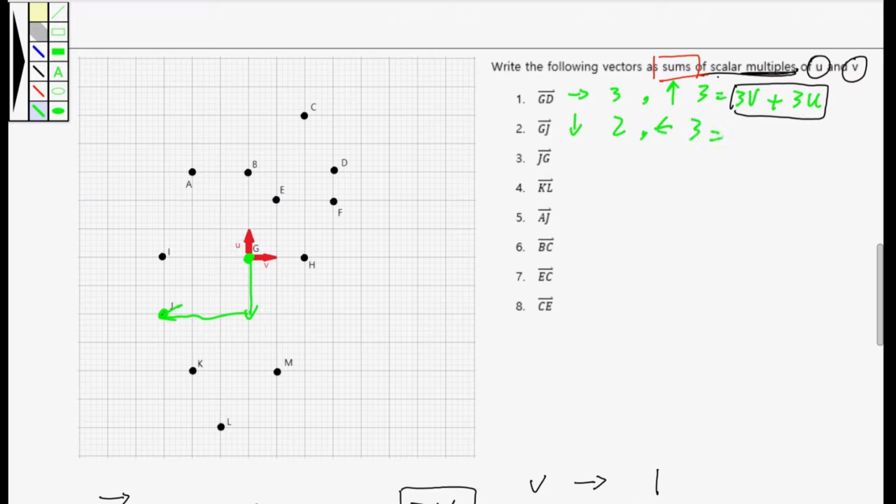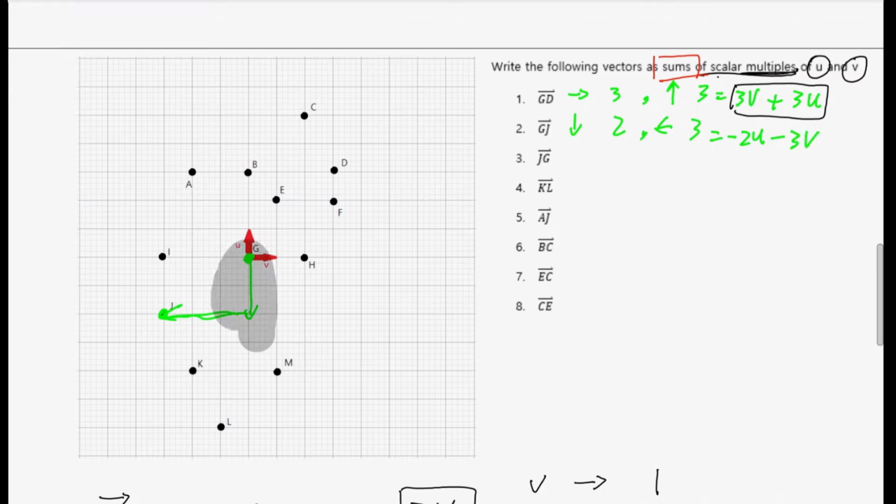So since this is the opposite direction, we have to put negative 2 vector u, plus minus, because it's also the negative direction of vector v, so we can write down negative 3 vector v.